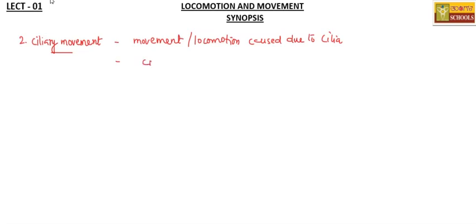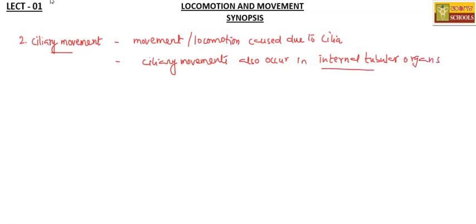These ciliary movements also occur in internal tubular organs, which are lined by ciliated epithelium.